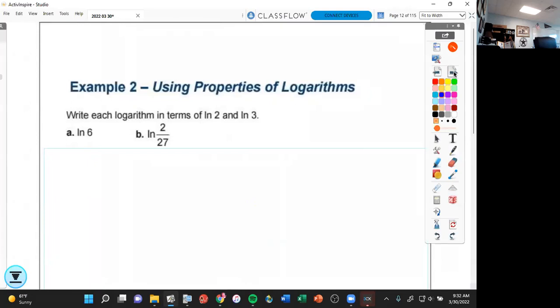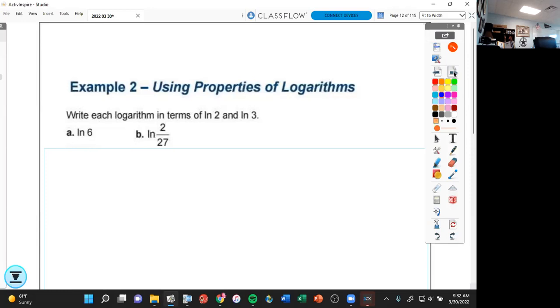Write each logarithm in terms of natural log of 2 and natural log of 3. So we're going to use those properties and rewrite these. Natural log of 6. Well, how could you rewrite 6 using only 2's and 3's?